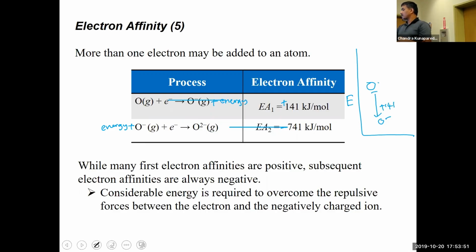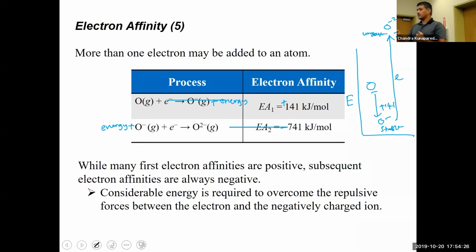But if this one accepts one more electron, it will need about 741 kilojoules per mole of energy input. We need to force it by giving that energy to it. So in terms of stability, this is more stable compared to that, and neutral oxygen is partially stable, and we call this one unstable because it is not easy to add that extra electron.